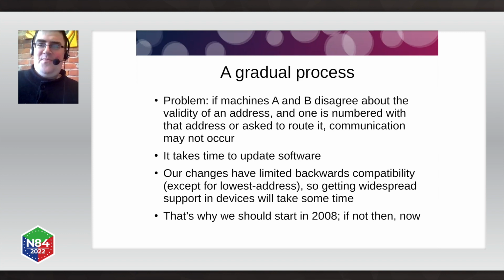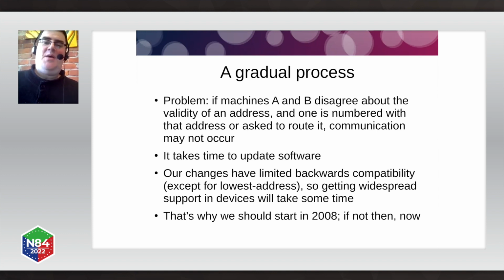And so that, of course, means that if we change that now, we have a very large installed base of systems that will potentially not recognize the changes and not interoperate. And that can be a very concrete interoperability problem, right? If you have machines A and B, and A says, cool, these addresses are valid, I can use them, and machine B says, these are Martian addresses, I can't use them, then they won't interoperate with each other.